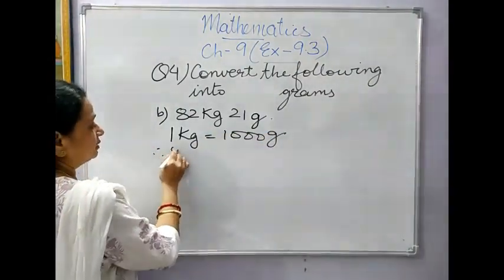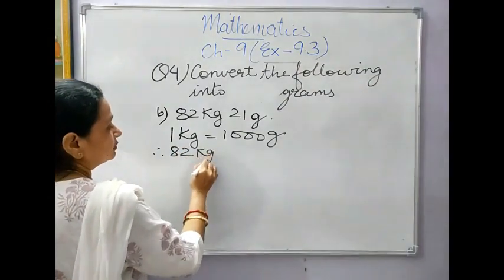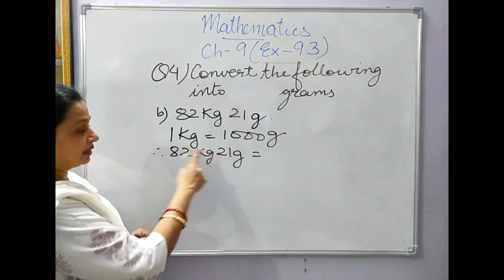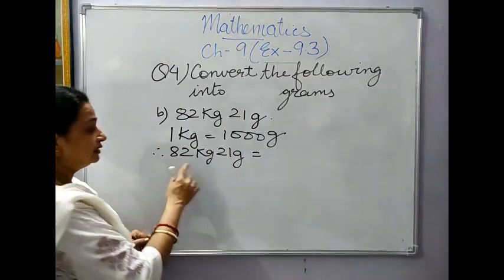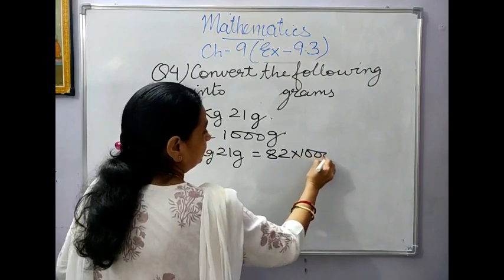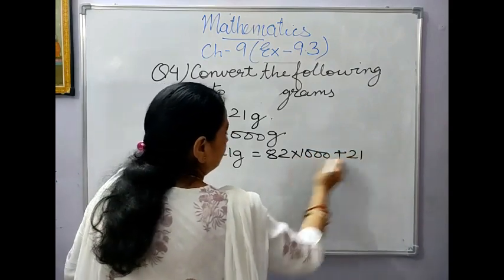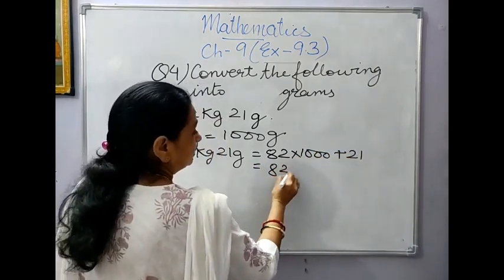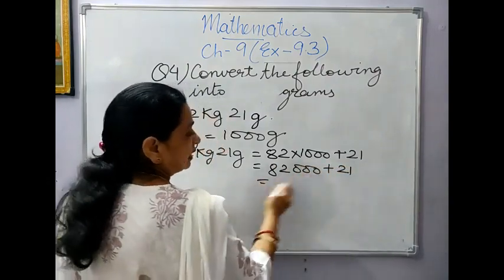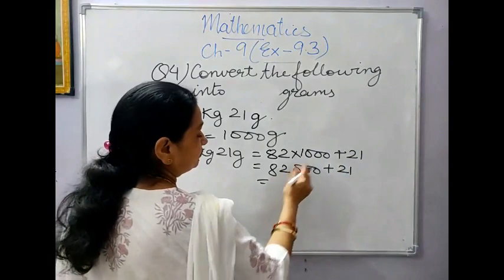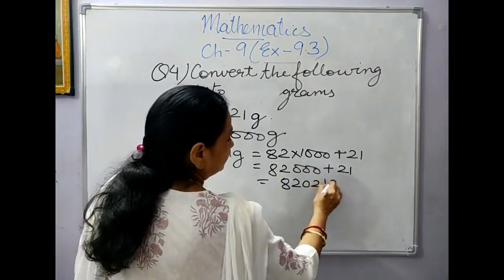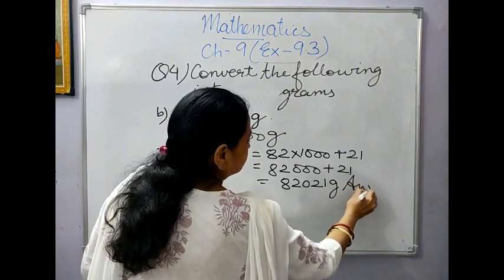Therefore, 82 kilograms, 21 grams will be equal to, this is already in gram, that means we have to convert only this. So 82 into 1000 plus 21, so it will be 82,000 plus 21. Add it, you can add it in the rough if it is not possible for you to over here. So it will be, gram will be your answer.